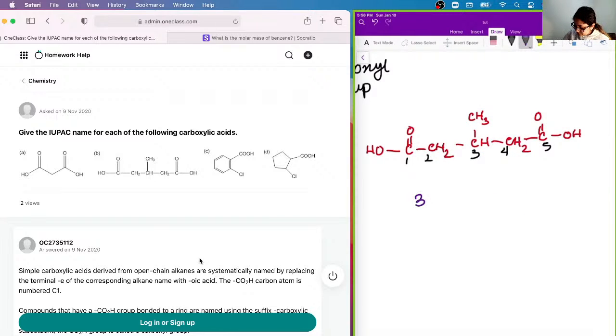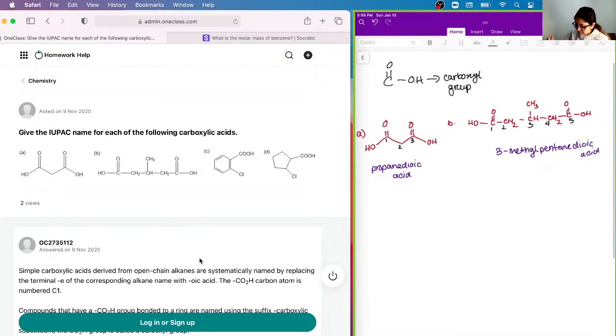So on the 3rd carbon we have a methyl. So it's going to be 3-methylpent, we have 5 carbons, pent, dioic, since we have 2 carboxylic acids, dioic acid. This is for B.